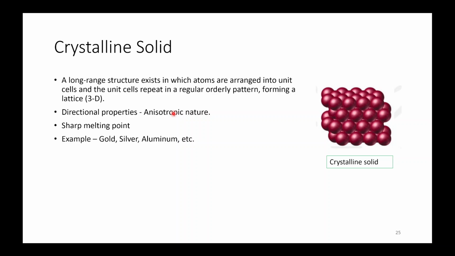In this direction it will show different strength, and in that direction it will show different strength. So at a particular angle or direction, it will show different properties. These also have a sharp melting point, and examples are gold, silver, aluminium, all metals. These solidify in crystalline structure.